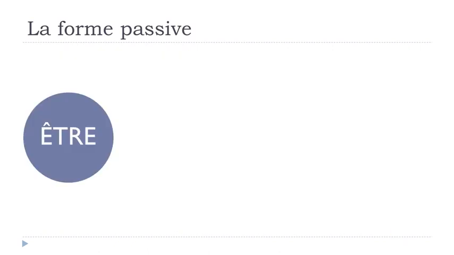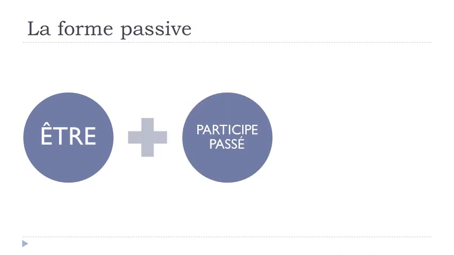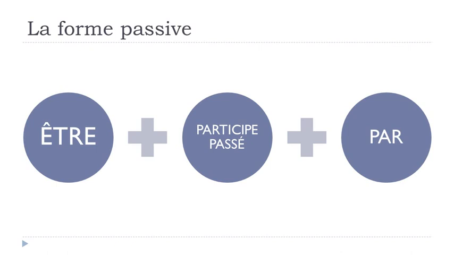So remember, être, then participe passé, then par. Don't forget this par because it's quite important. And these are the three elements that you will need to use to construct this forme passive.